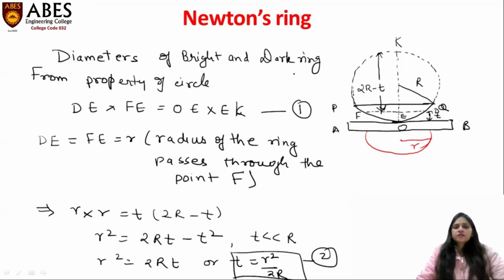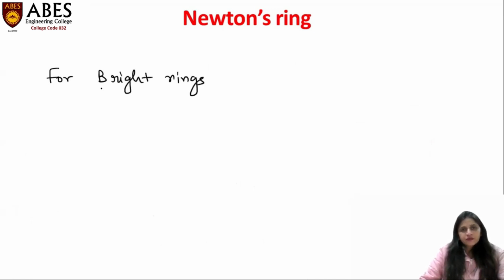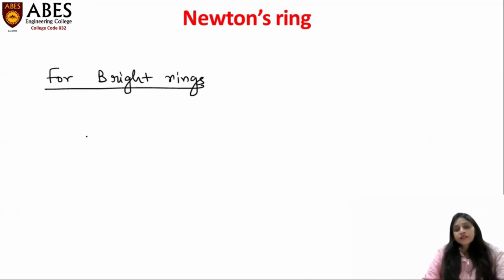Okay, so now let us move further. First let us calculate the diameter of the bright ring. For the bright ring, we take the condition of maxima that we have written for Newton's ring, and substitute the value of thickness from equation number 2.